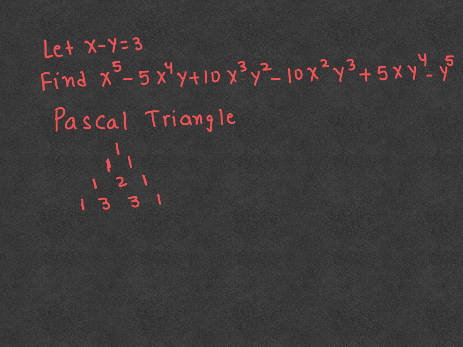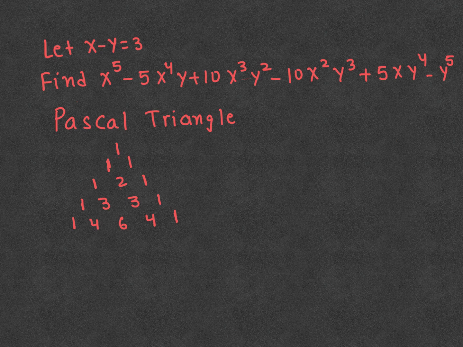Do the same process. You have 1 and add the middle two terms, you get 4, and again add the middle two terms, you get 6, and then add the middle two terms, you get 4 again, and then you're going to have 1 at the end.